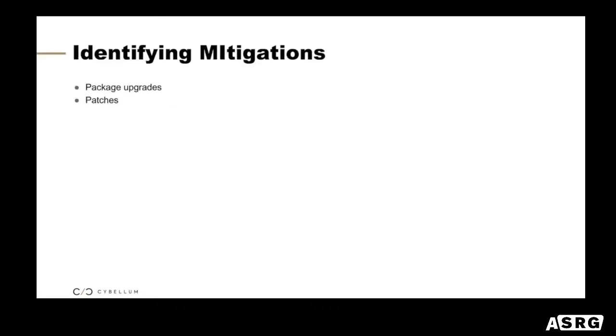So how do you fix vulnerabilities? You can obviously look for package upgrades, updated packages that fix a vulnerability, and also patch information that is available in the NVD database.